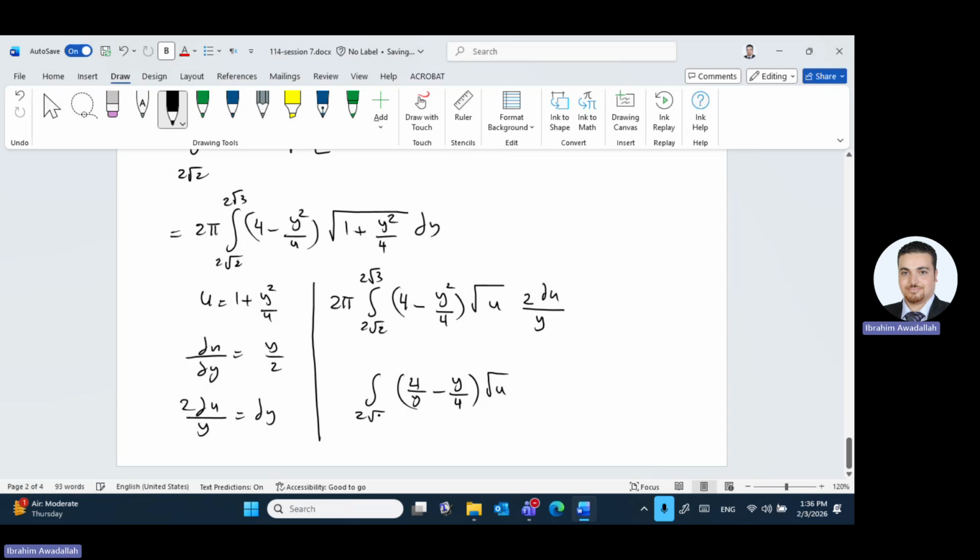The integration from 2 root of 2 to 2 root of 3, 2 pi, u. We know that the value of y we can write in terms of u: u minus 1 equal y to the power 2 multiplied by 4 here, so y equal under the root, or 2 times the root of u minus 1. We need more space here.